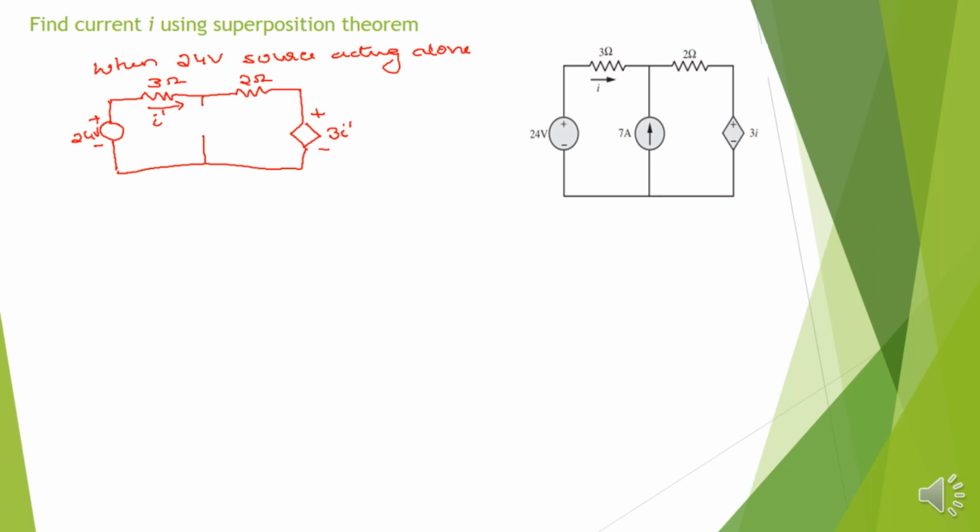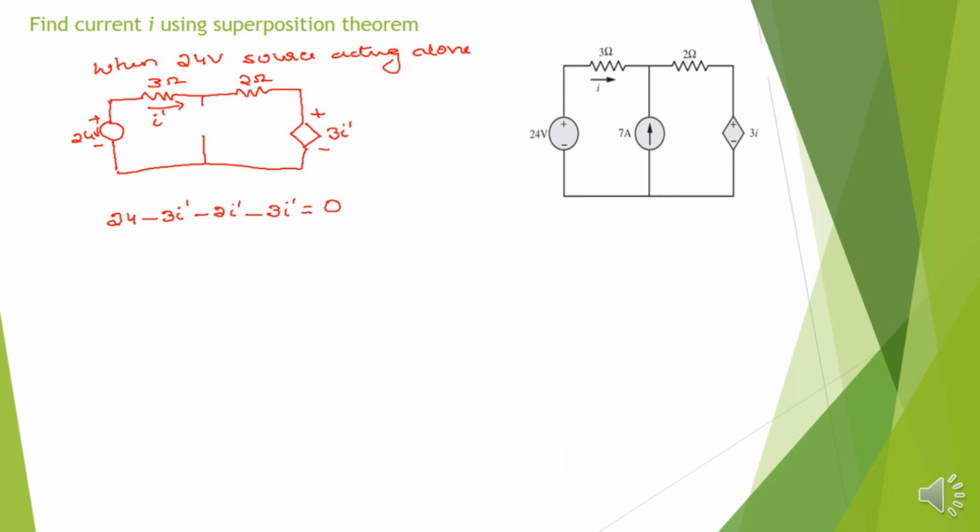So what will I get? 24, lower potential to upper potential, minus 3I dash, minus 2I dash, 2 into current, the voltage drop. This is the higher potential to lower potential. So minus 3I dash equal to 0.